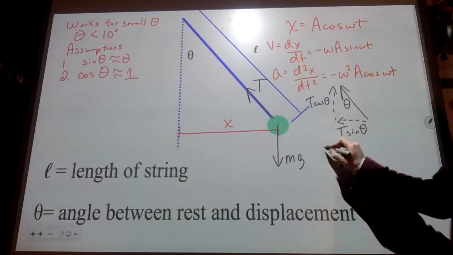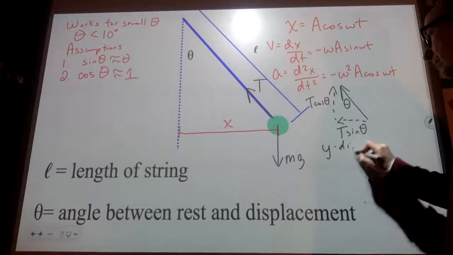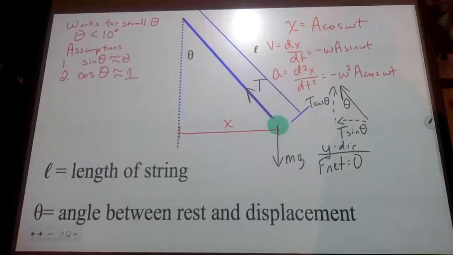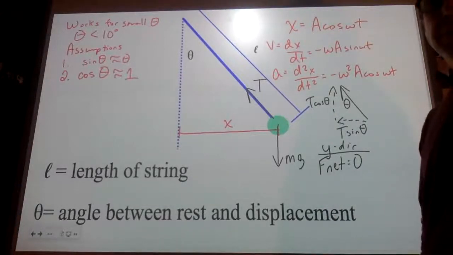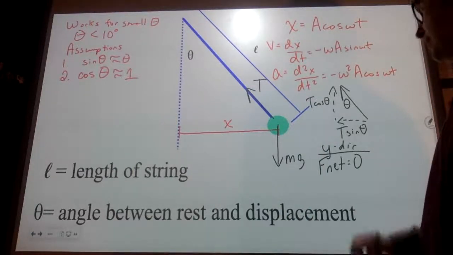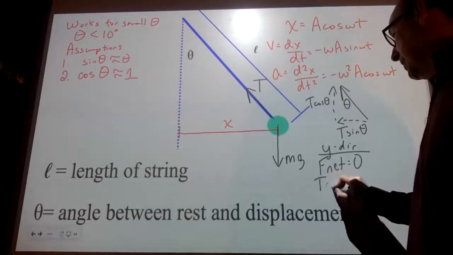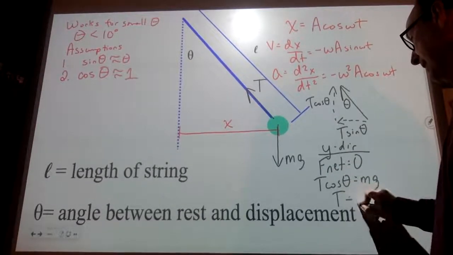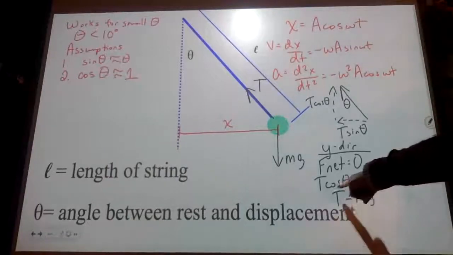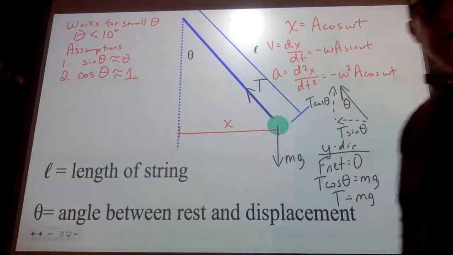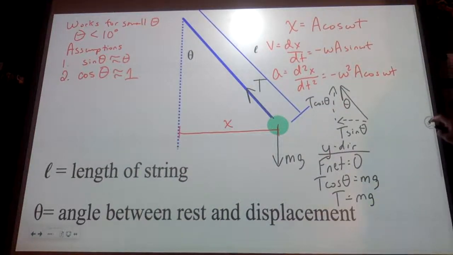In the y direction, I'm saying it's not accelerating. It's barely moving up or down. Its motion is all in the x direction. And so I can say that my force up, which is t cosine of theta, is equal to mg, or that t is equal to mg, because I'm saying that cosine of theta is essentially 1 for small angles.